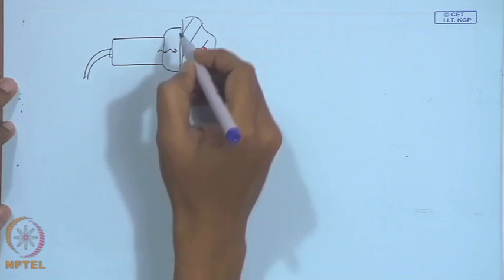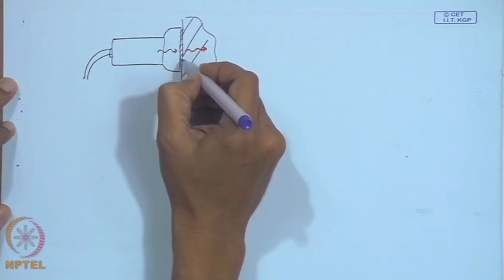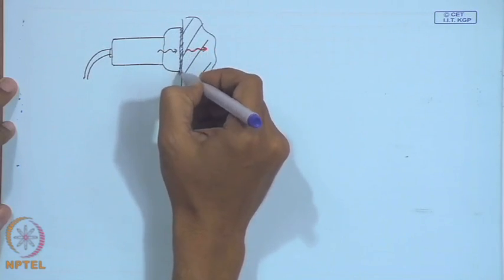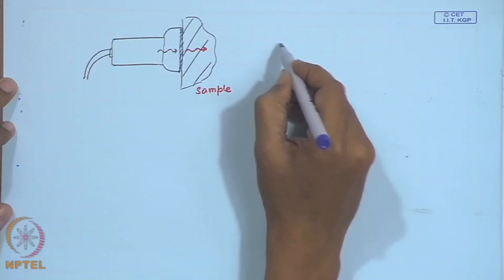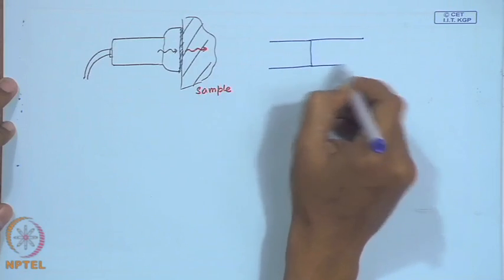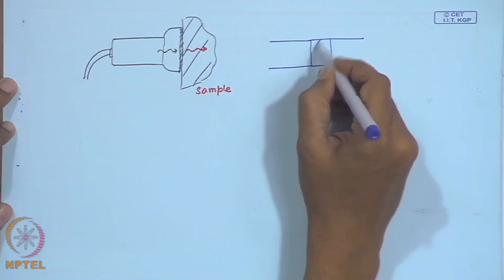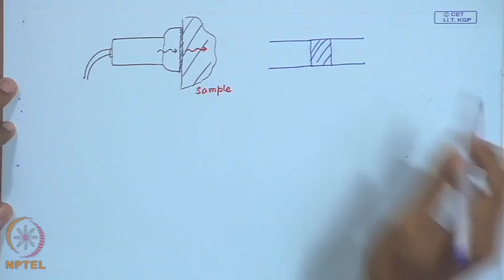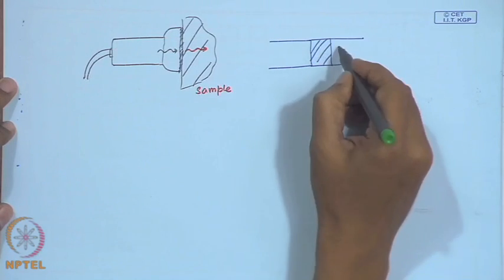So, what we usually do in this case is we put a thin film of a third material. The scheme is like this. Here we have a third material at this interface.